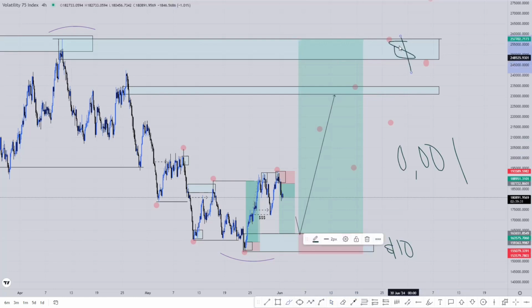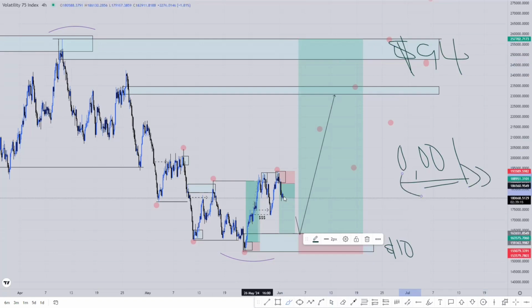So if someone with a $10 account, or let's say a $20 account, takes a 0.001 here, they're risking $10, which is not a problem because the confirmation that upside has happened is already there.